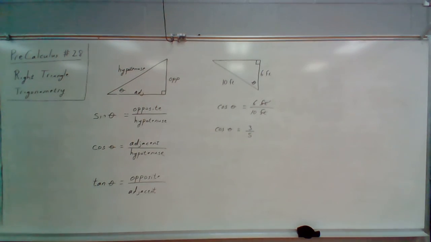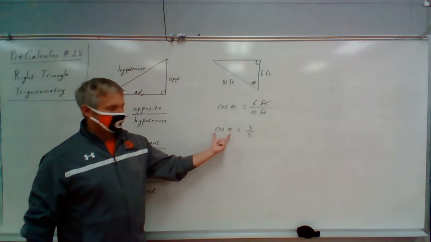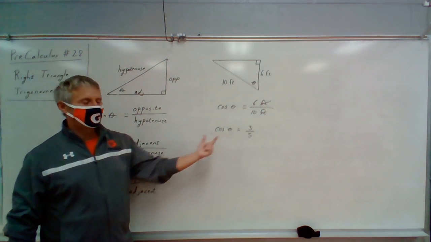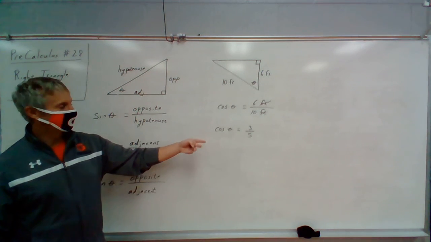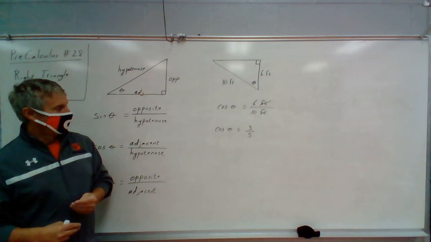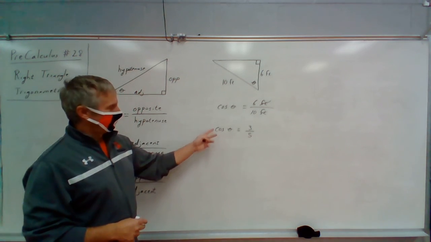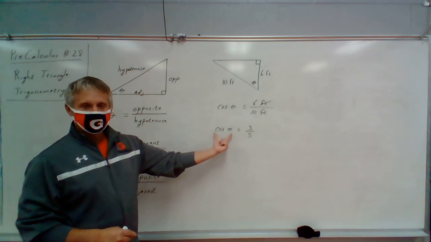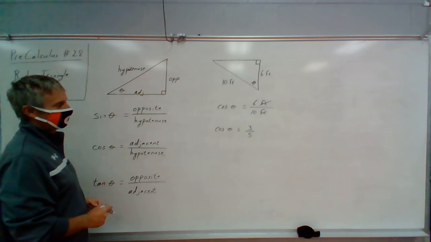All right, so how do we find theta? Later on we're going to talk more about cosine of theta being a function, and we'll take the inverse of that function. But for right now, just understand this next thing that I'm going to do is just to undo this cosine of theta.